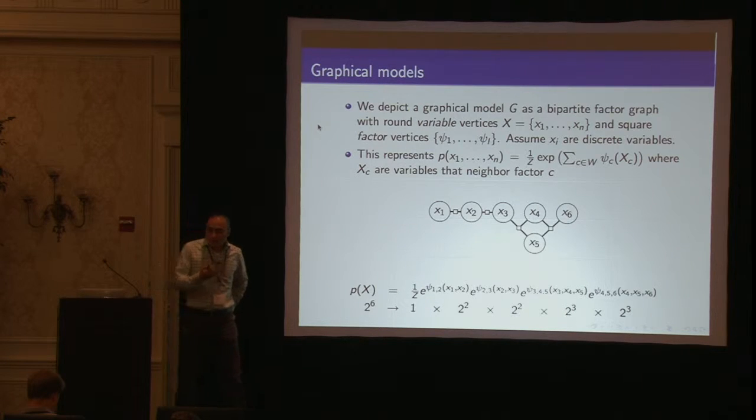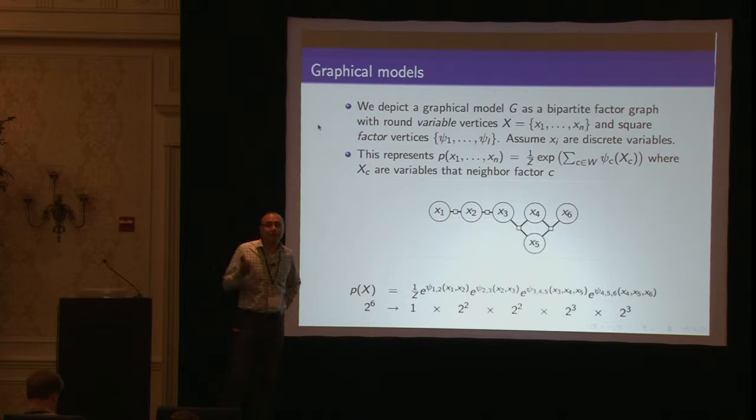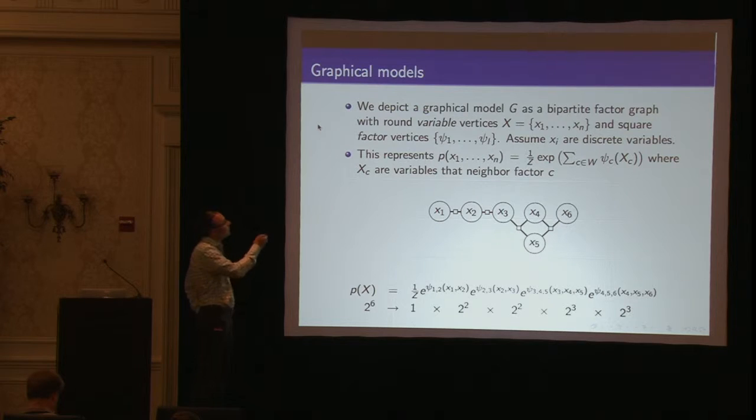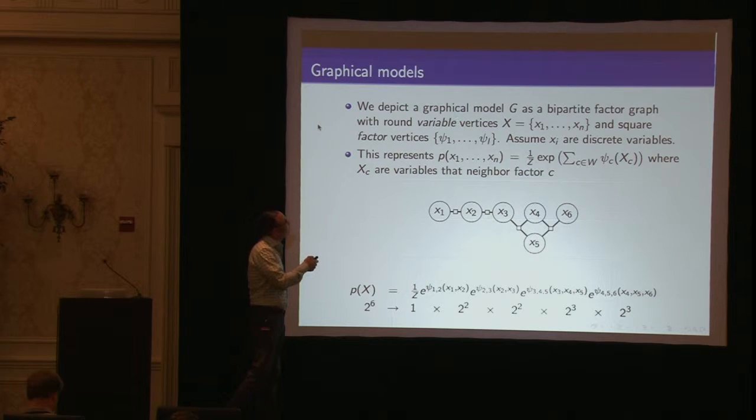So a graphical model, again, is just a way of writing a probability distribution with a graph to make things a little more efficient. What we typically do is we write these things called bipartite factor graphs, where we have some variables, x1 to xn, which are round circles in the picture.